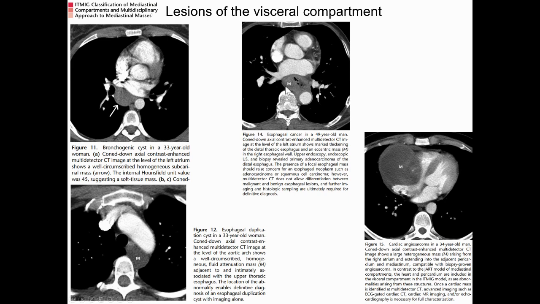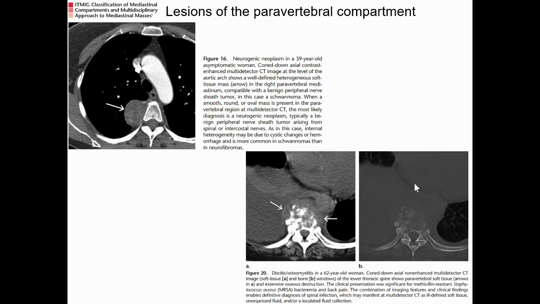Esophageal cancer is again an easy diagnosis because the wall is usually unevenly thickened, and as esophageal cancer is usually quite advanced when we recognize it, there would be invasion into the neighboring structures. A cardiac angiosarcoma is also not a difficult diagnosis. It lies within the pericardium, and you can see that it's pushing against the heart, so it's causing a lot of mass effect on the neighboring structures.